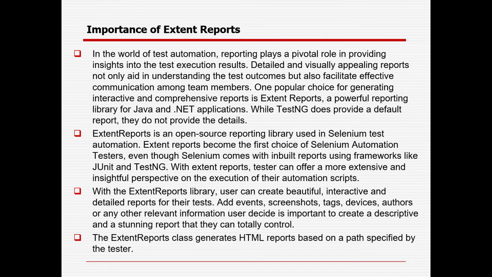One popular choice for generating interactive and comprehensive reports is Extent Report, a powerful reporting library for Java and .NET applications as well. While TestNG does provide a default report, that report does not provide the complete details whatever your respective stakeholder, customer, or management is looking for. Whereas Extent or Allure report will give much coverage of whatever their requirement is.